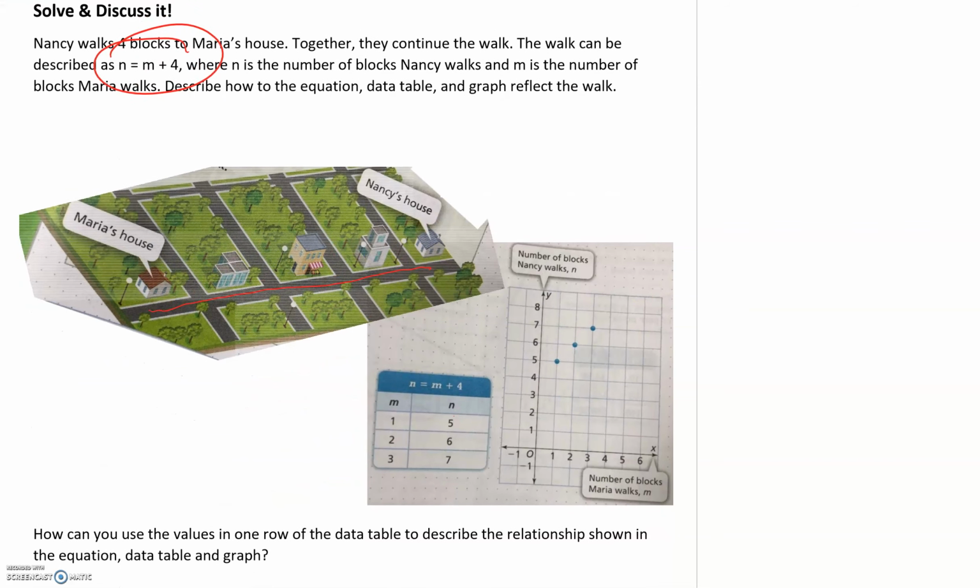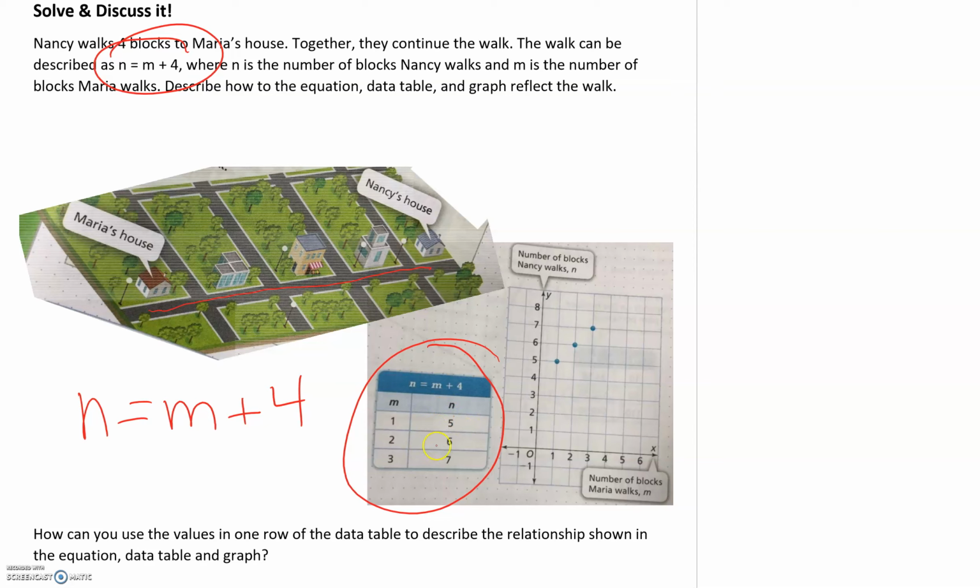Okay, so again, here is our equation: n equals m plus 4. Here's my table. So if m is 1, n is 5. Nancy is the one walking more of the distance, since she's walking to Maria's house. So Maria walked 1 block and Nancy walked 5.